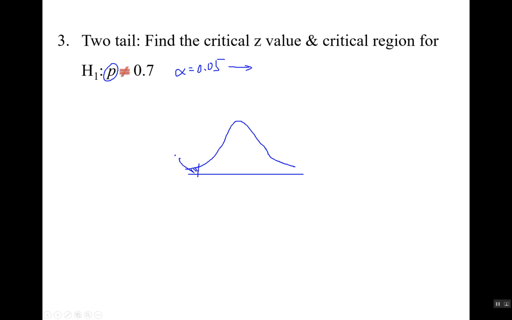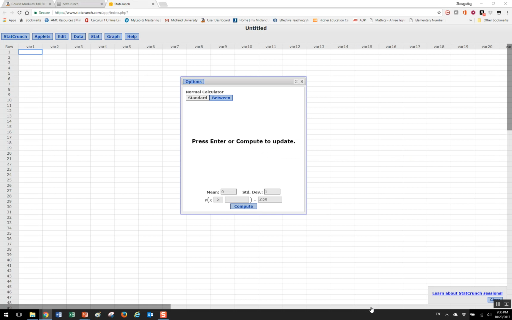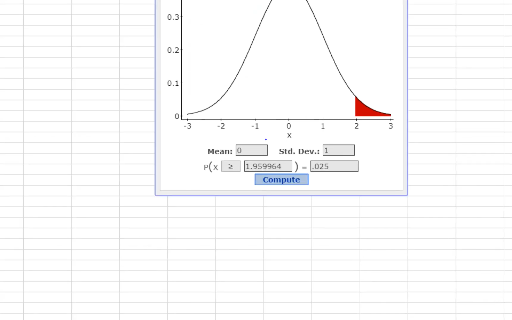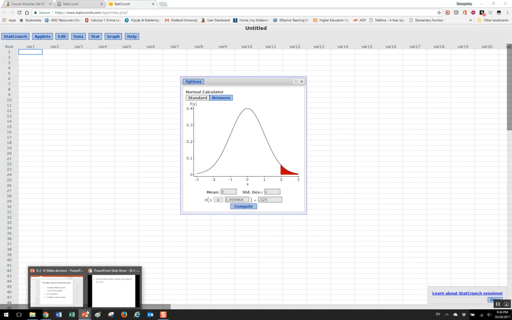So each tail will be half of 0.05, which means 0.025. They are symmetrical with respect to 0, so if you find one, you can find the other. So you use one of those tails and then find this value in StatCrunch. Let me give it a try. In this case, the right side is 0.025. I get 1.96, right?